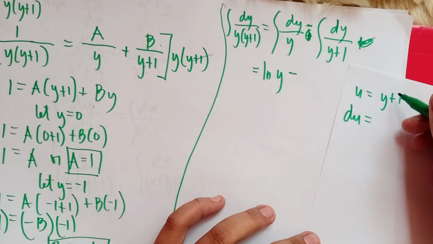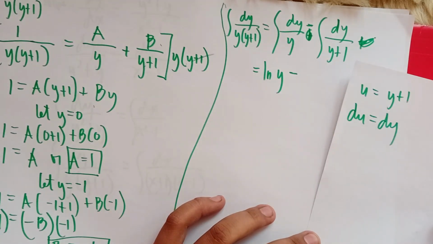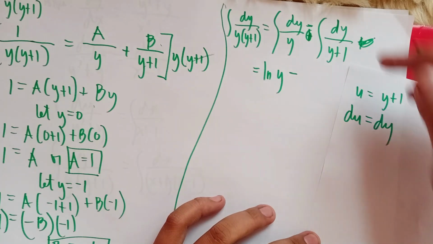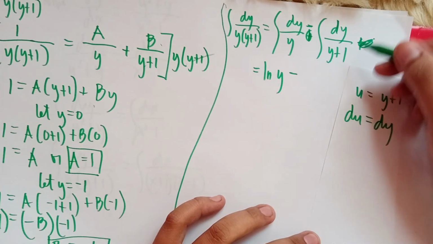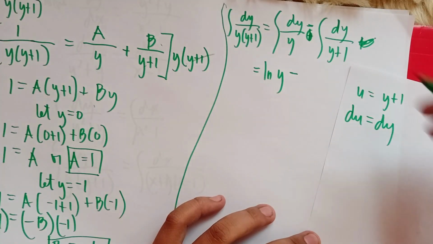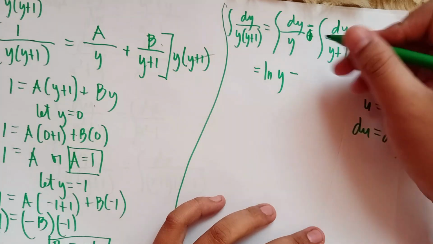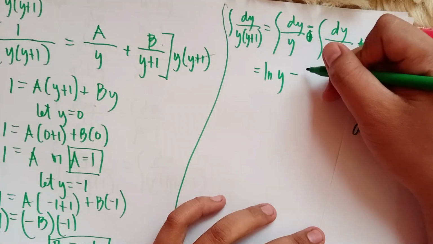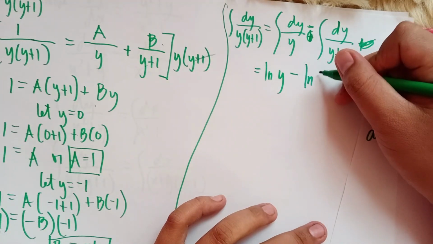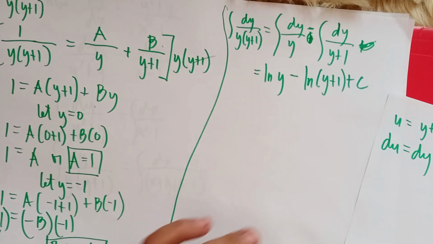So, the derivative of y plus 1, this is dy. Tama? So, magagamit natin yung du divided by u. So, our u is y plus 1. So, du divided by u, that is equal to natural log of u. Since our u is y plus 1, so this is equal to natural log of y plus 1 plus c.